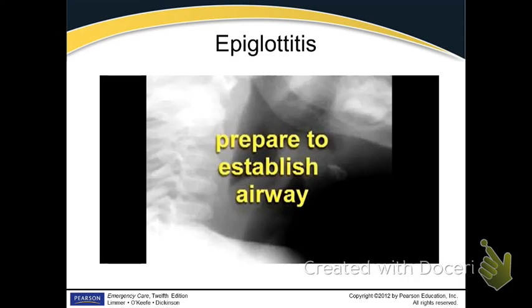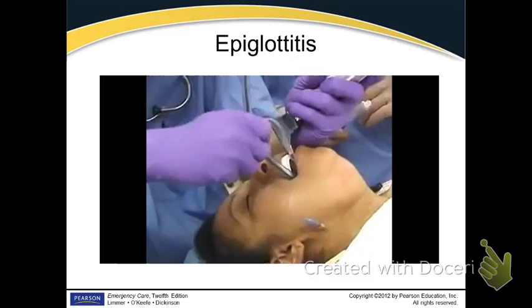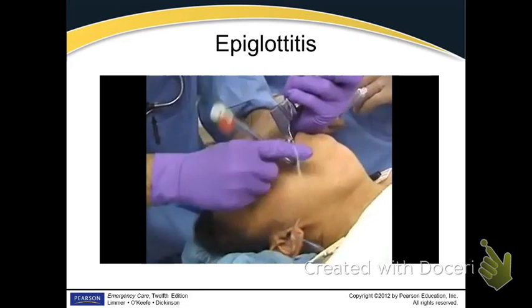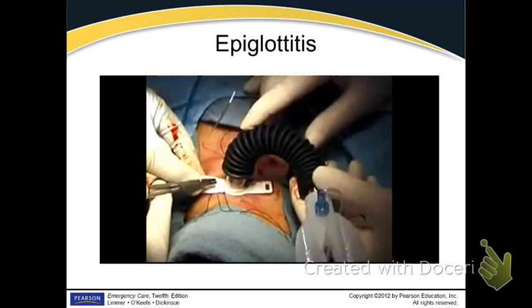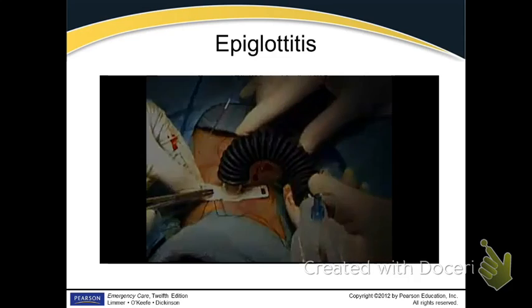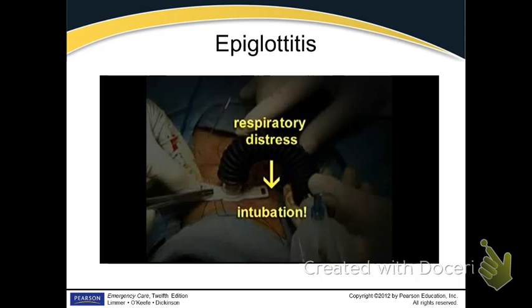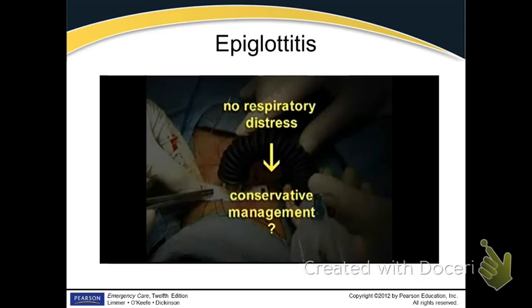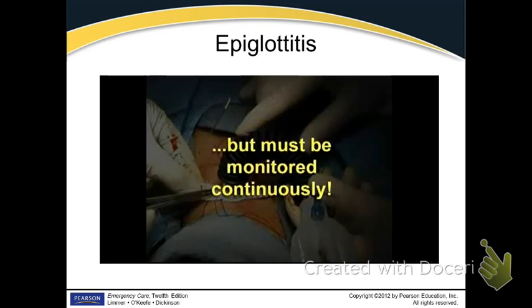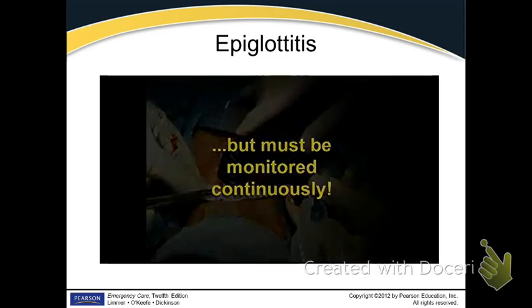When facing epiglottitis, one must be prepared at all times to establish an airway, non-invasively, such as with conventional endotracheal intubation, or invasively via a tracheostomy or cricothyrotomy. An otolaryngologist should be present whenever possible. When respiratory distress is present, intubation by an experienced anesthesiologist is usually required. Stable patients without respiratory distress can be managed without endotracheal intubation, but they must be monitored continuously in an intensive care unit.